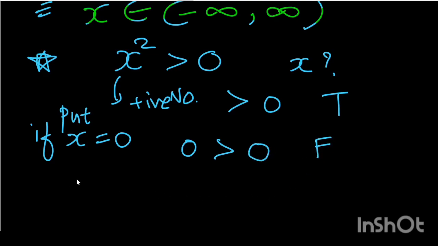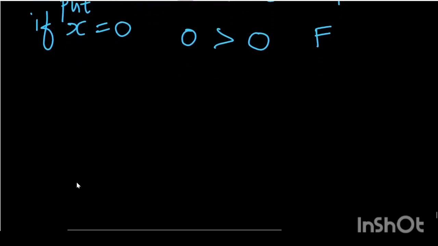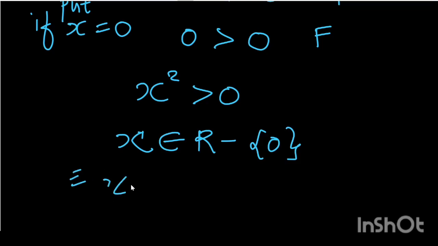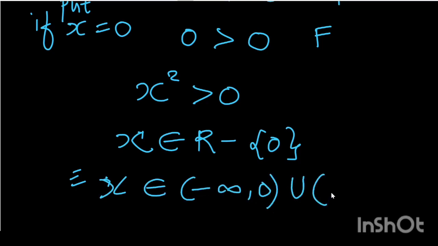So for x square greater than 0, we can say that x is all real but excluding 0. Or equivalently, x belongs to minus infinity to 0 open, union, again open, 0 to infinity. That way also we can write x square greater than 0.